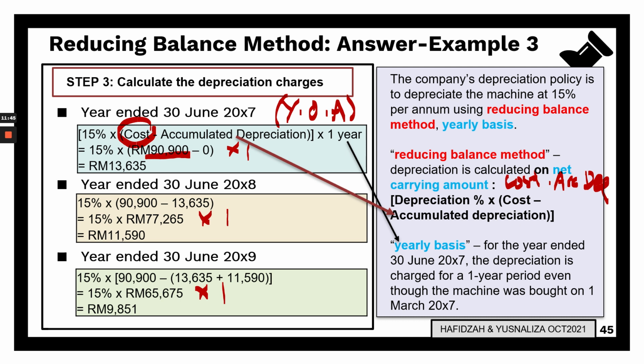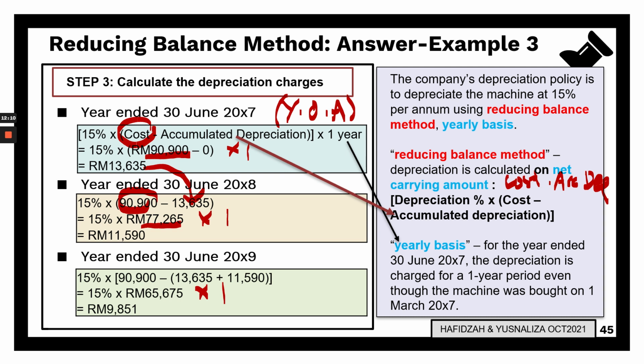So this is the cost, 9,900 for the second year, and the accumulated depreciation is 13,635 because only 1 year depreciation has accumulated. So therefore you will have the net carrying amount to be 77,265 and multiplied by 15%, and that gives you 11,590.